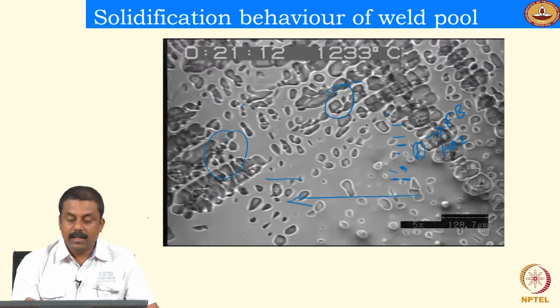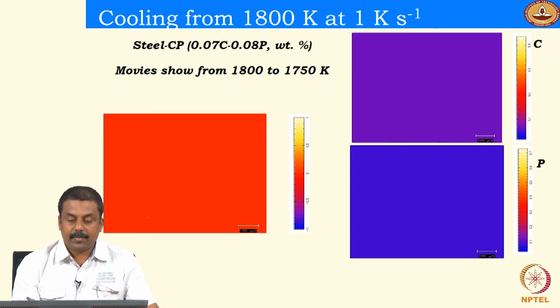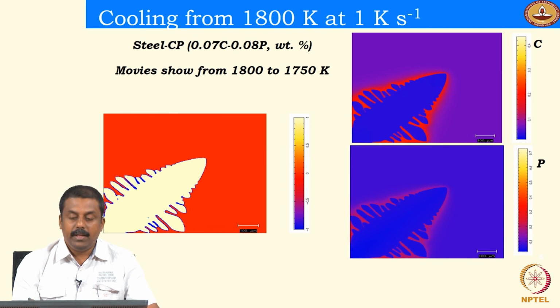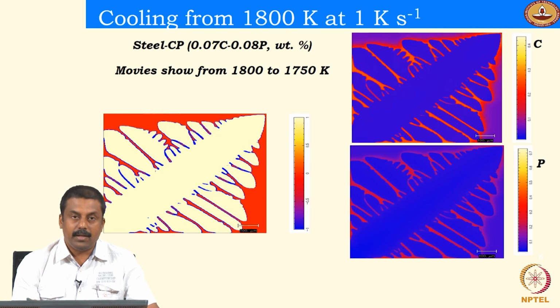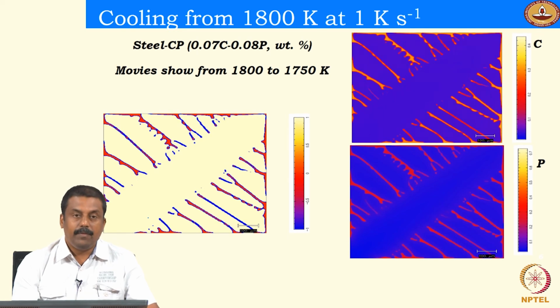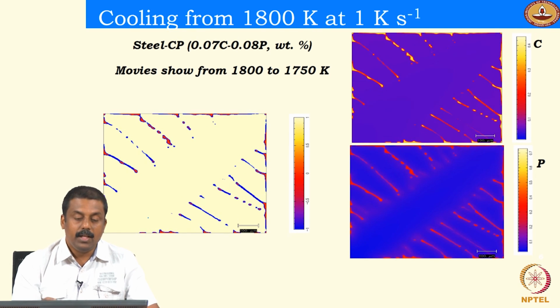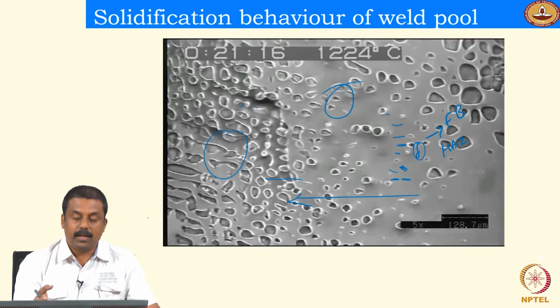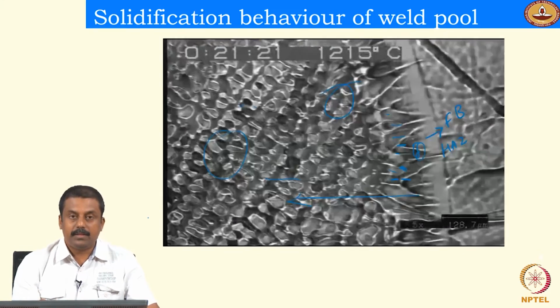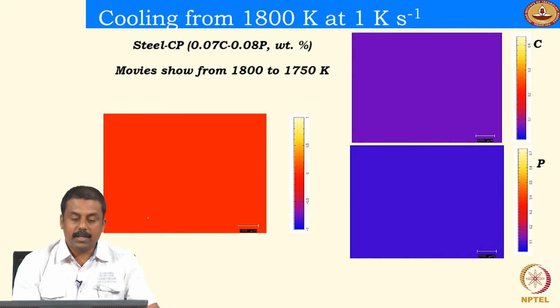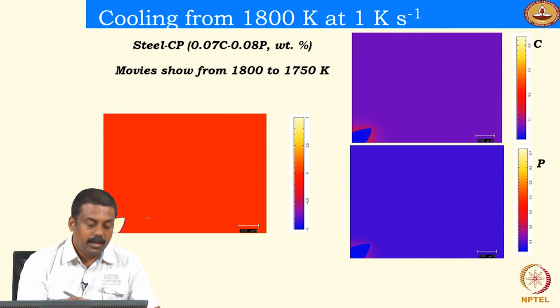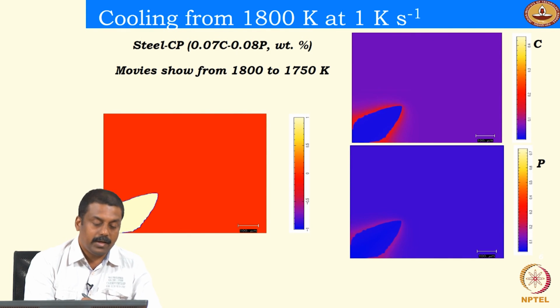So now we will see in a simulation how these alloying elements partition during solidification by simple calculations. This slide shows the computer simulation of the solidification process that I showed you in real life. In this video, we can also create in a computer the solidification of a dendrite.